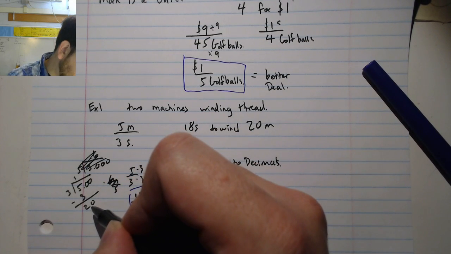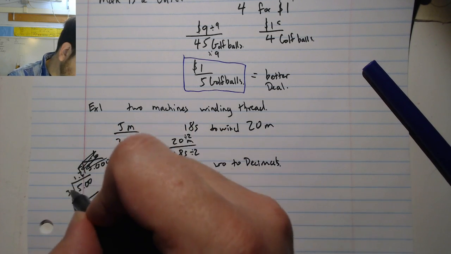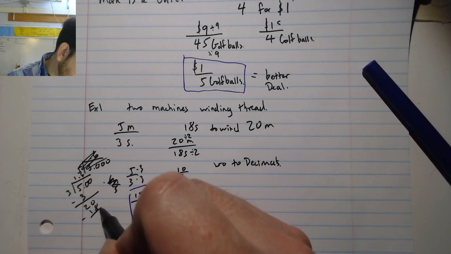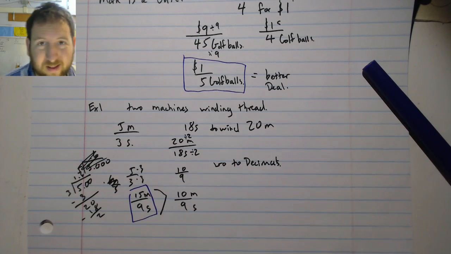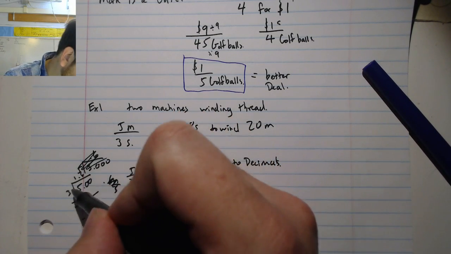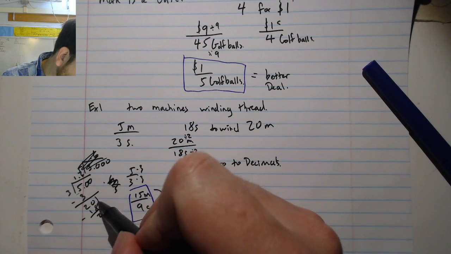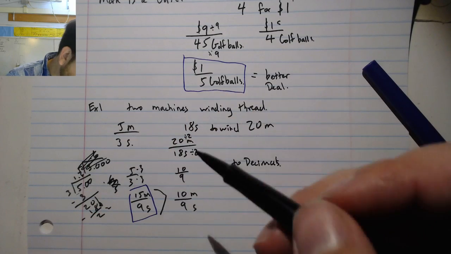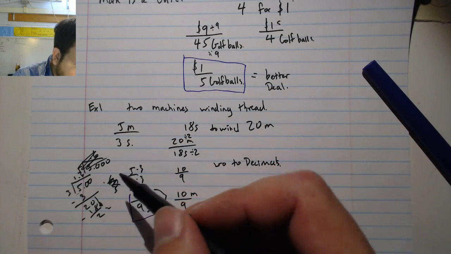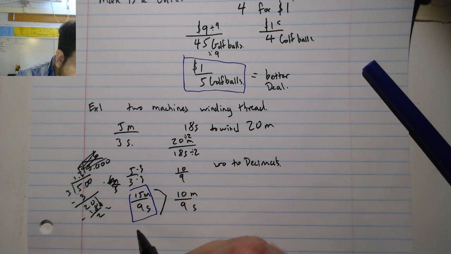That would be 6. This is why going to decimals sometimes is a lot more work. 3 times 6 is 18. Bring it down, 20. So I'm going to have 1.6 repeating. Makes sense.